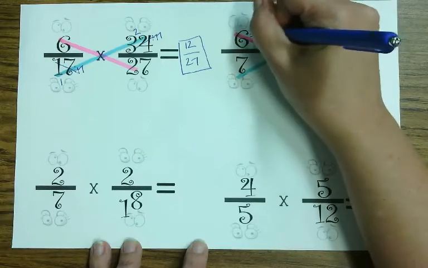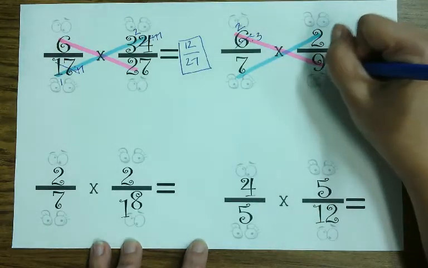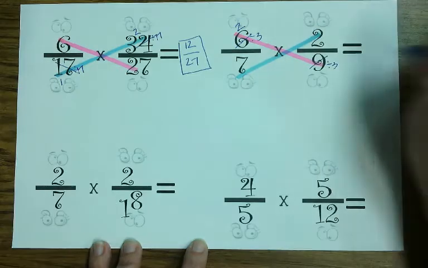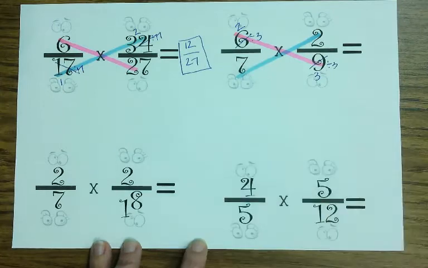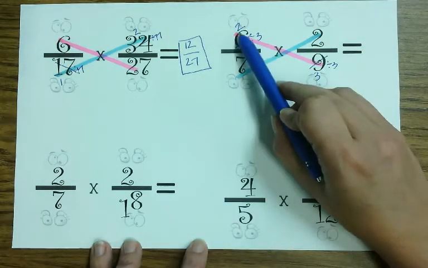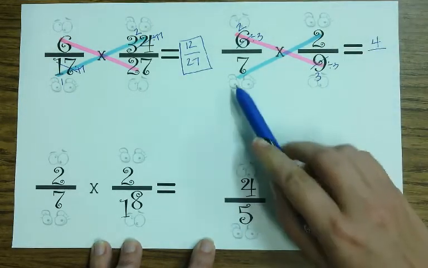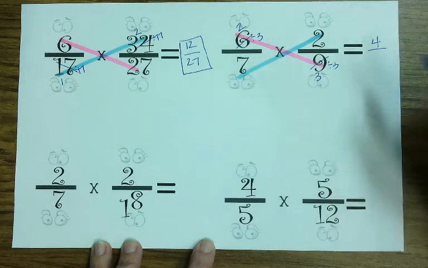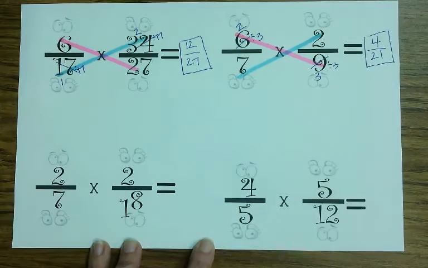So 6 divided by 3 is 2. 9 divided by 3 is 3. 2 and 7 do not share any common factors, so we'll leave them alone. Our numerator is 2 times 2, which is 4. And our denominator is 7 times 3, which is 21. And we have a product that's already simplified.